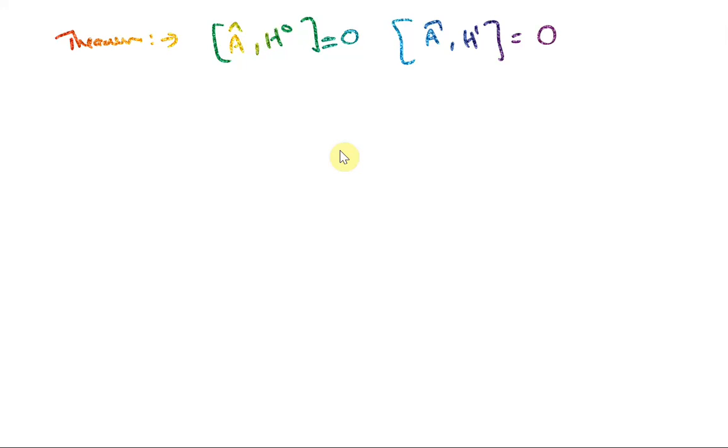So if we can identify any such operator which commutes with H prime and H naught in the degenerate subspace that we are taking, and also we have distinct eigenvalues for A cap, that is, the eigenvalues are not degenerate, they are different.